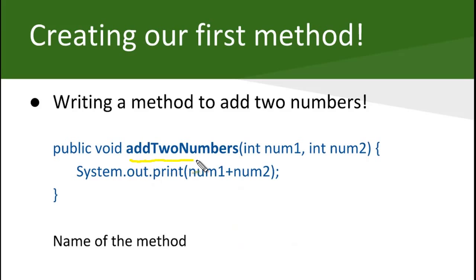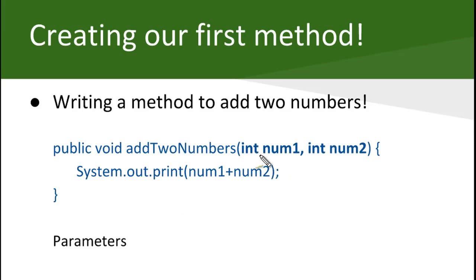Now coming to the coolest part of the method, the name of the method. We have named our method add two numbers. So this is the name of the method. Next are the parameters, or the arguments, as they are also called.